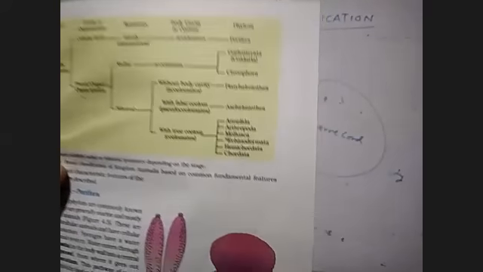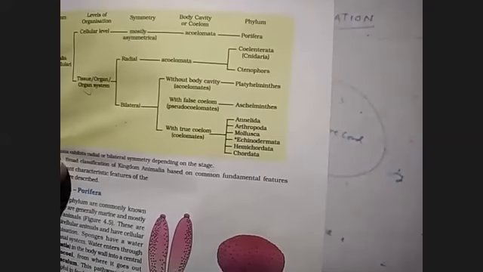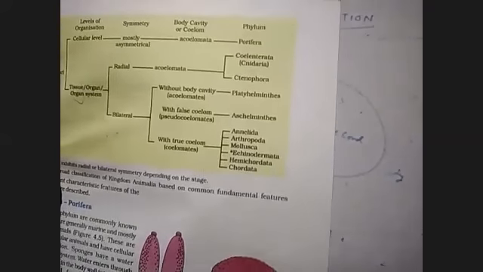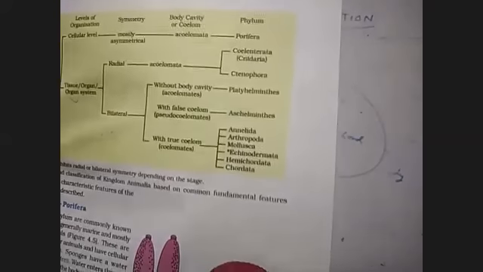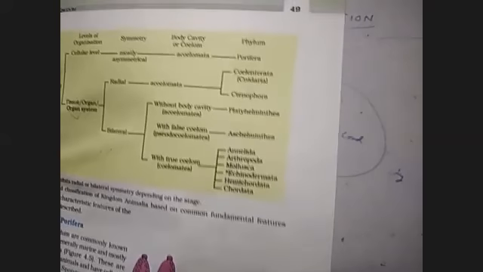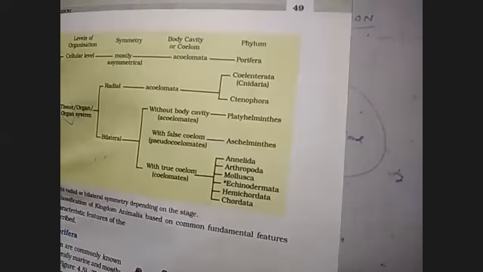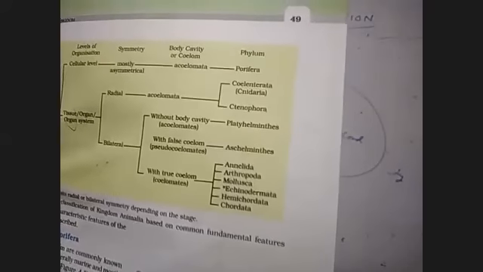Now the question is, why are they without a body cavity? Those animals which do not have the coelom are all parasites, because they don't require preparing food. That's why they don't have the digestive system and so on. They absorb the ready-made food from their host in which they are living.